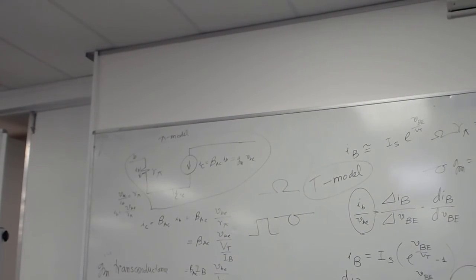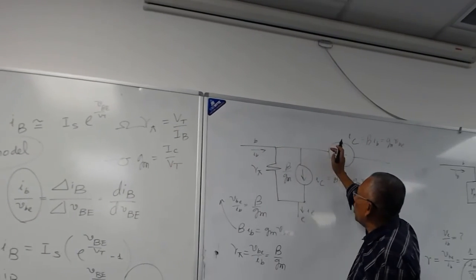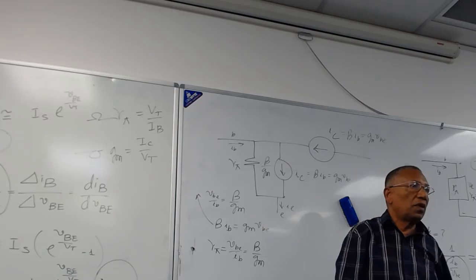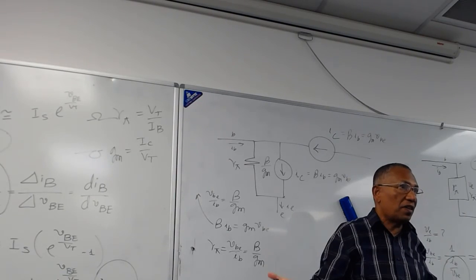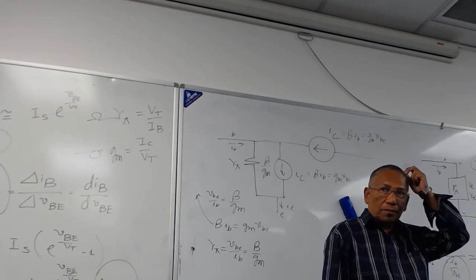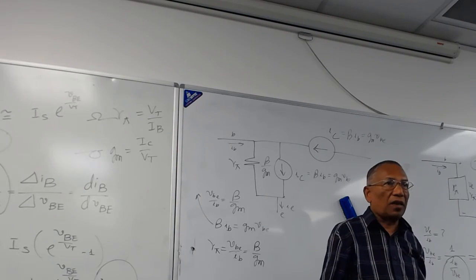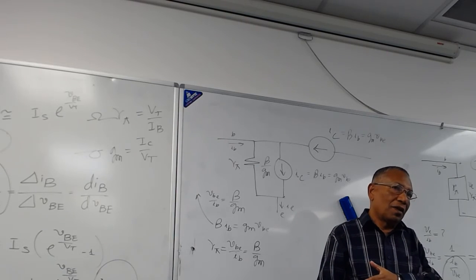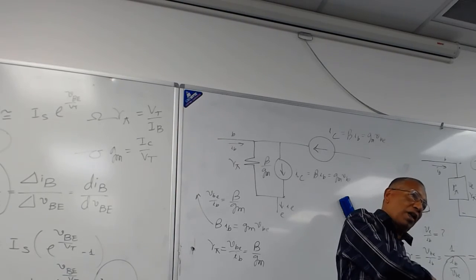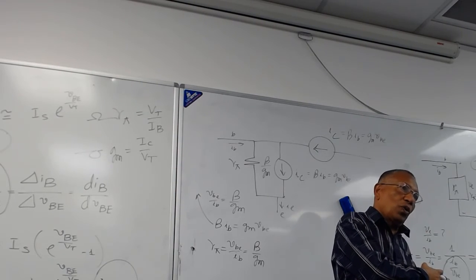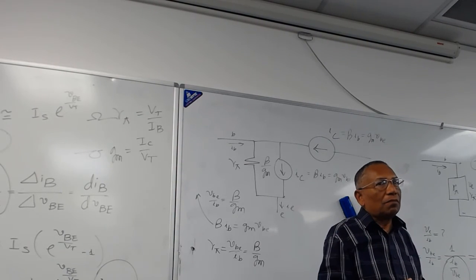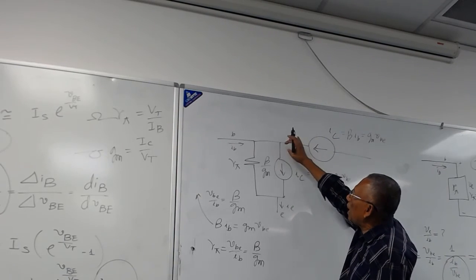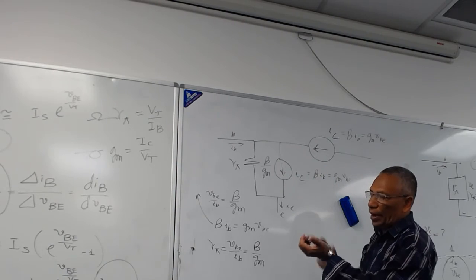So your current doesn't change here. Your current doesn't change here also, because at this load you are giving this current and taking it away. If you give and take it away, is there any difference? It's like you deposit $100 in your bank, and after 1 hour you remove your money from your bank. You still have the same balance. That's like accounting. So if you apply this current and take it away, it doesn't make any difference.